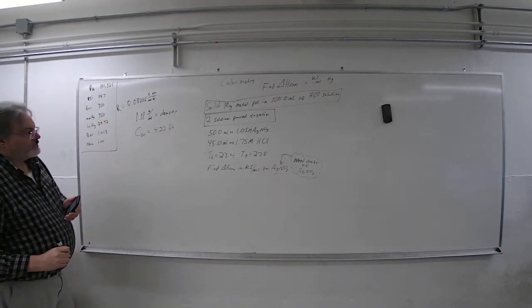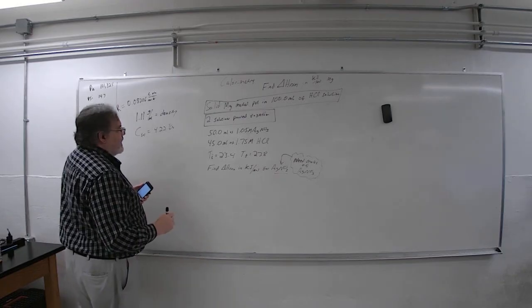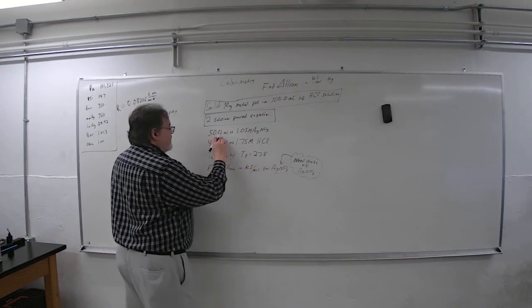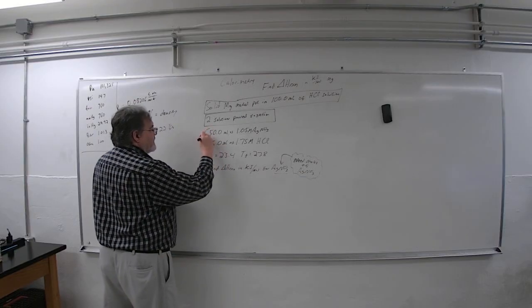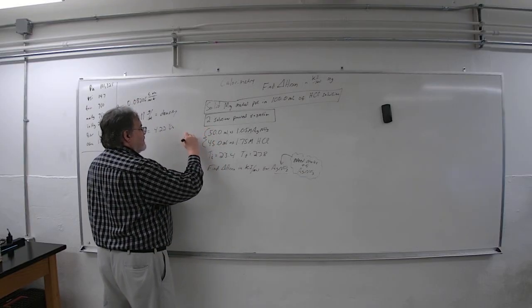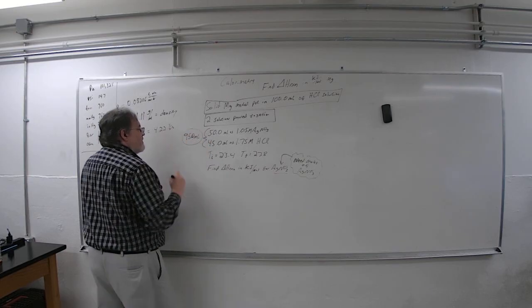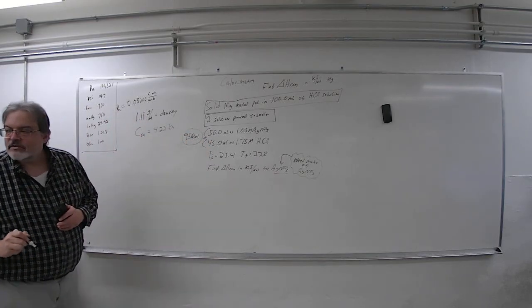All right. 50 milliliters of this plus 45 milliliters of this. You have 95.0 milliliters of solution.